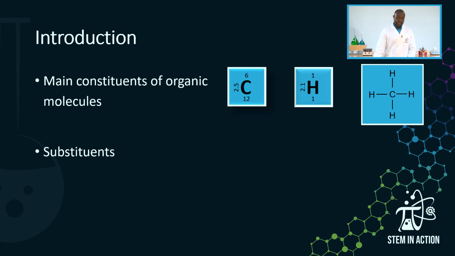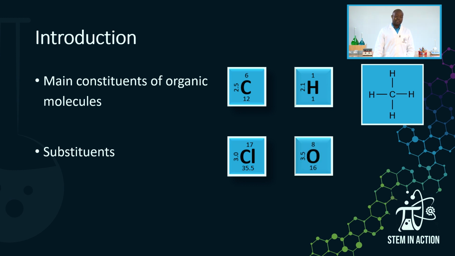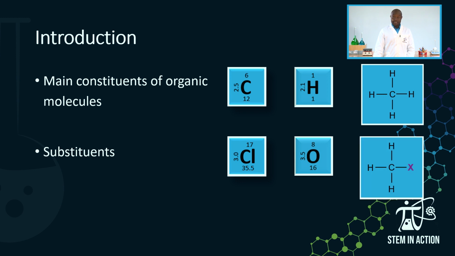But you also get what are called substituents. So substituents are when we replace a hydrogen in a hydrocarbon backbone with elements such as chlorine or oxygen, and we get what is called a substituted compound.